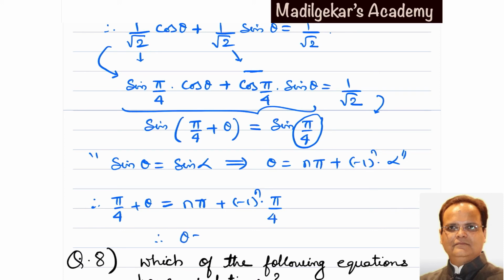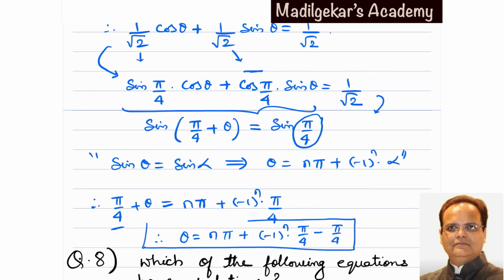Therefore, theta is n pi plus minus 1 raised to n pi by 4. Take this pi by 4 to the right side, so it is minus pi by 4. So this is the required general solution.